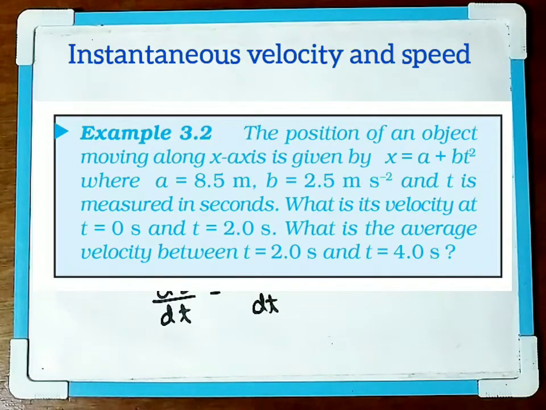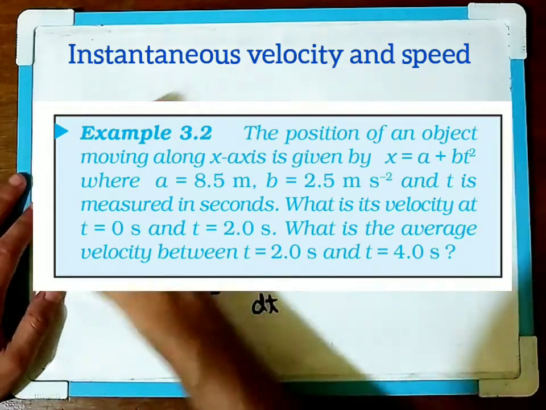What is the average velocity between t equal to 2.0 seconds and t equal to 4.0 seconds? So here we'll have to find the instantaneous velocity at 0 second and at 2 seconds, and also the average velocity between the time interval 2 and 4 seconds.